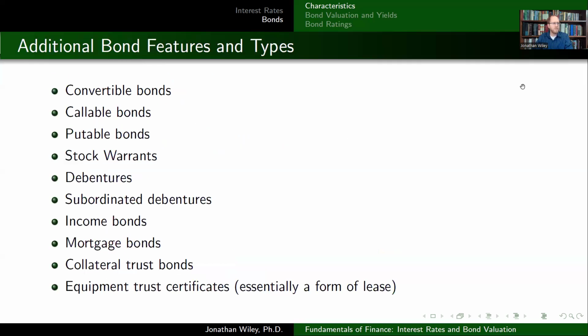Okay, so a few additional bond features and types that are important to know. Convertible bonds. Convertible bonds are kind of interesting. They have a provision that enables the investor to convert the bond, at the investor's discretion, into a specified number of shares of stock.